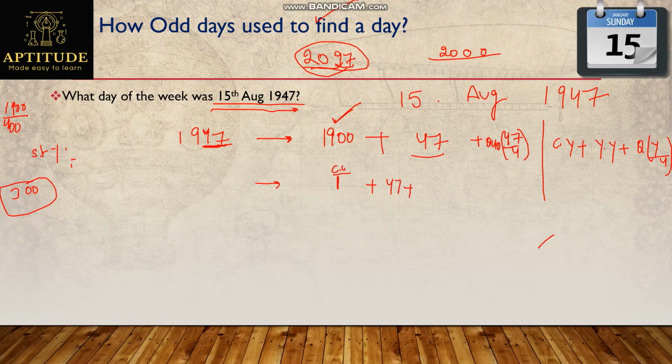And add up this value as it is, 47. The quotient of 47 divided by 4: 4 elevens are 44, that is the maximum multiple we can get. So 11 is the quotient. Add up 1 plus 47 plus 11, which is 59 odd days.